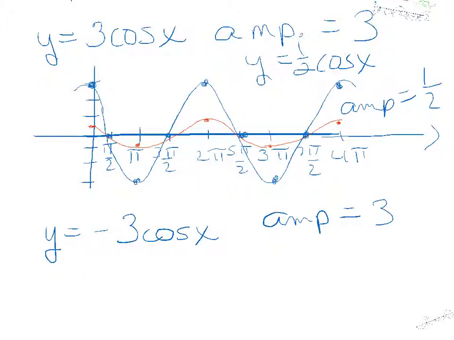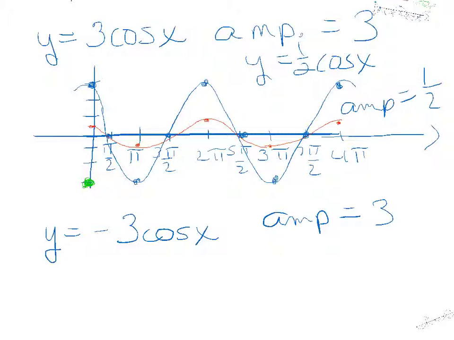Let me see if I can get even another color here. Let's try green. I know that doesn't show up real good, but maybe it'll help. So this time instead of starting at the maximum, we're going to start at the minimum. So this function is going to have a minimum here.